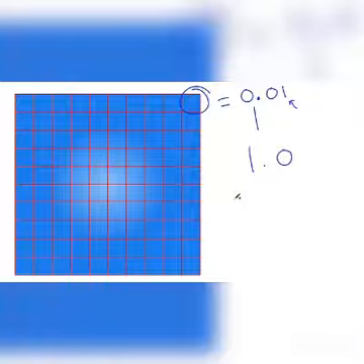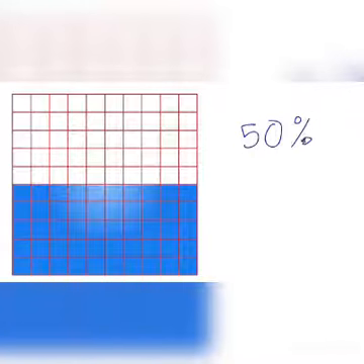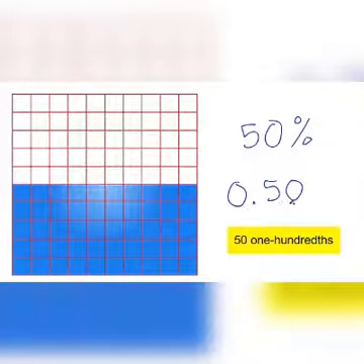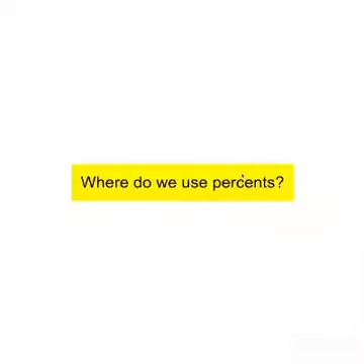So percent, meaning per 100 or out of 100, uses this same concept. Again, if 50% represents 50 out of 100, then we could write this as 0.50, or 50/100.